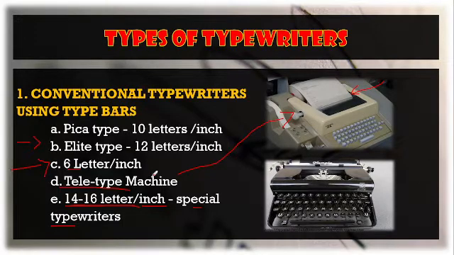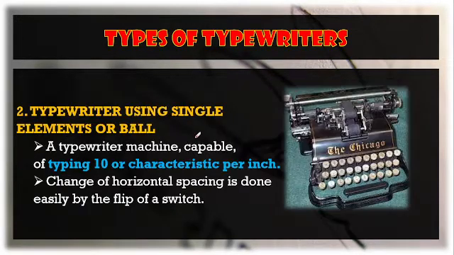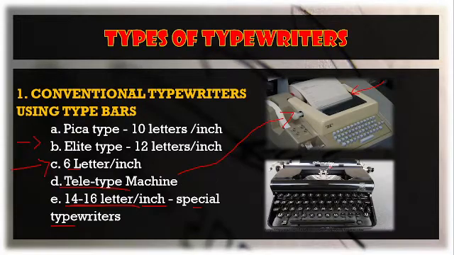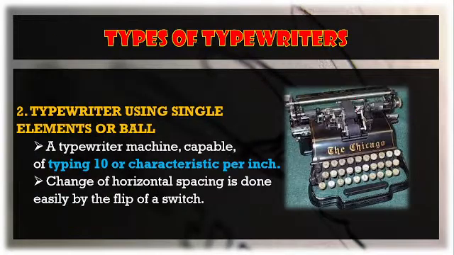Okay, and as you can see, we have here also a typewriter using a single element or ball. As you can see, it doesn't have a ribbon in there, but it actually has here a ball.